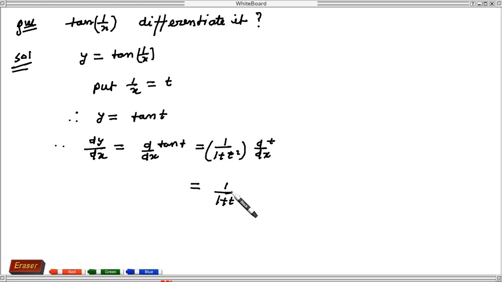which is 1 by x. So here we note, if you are putting 1 by x, then you should also put t equal to 1 by x at this place.